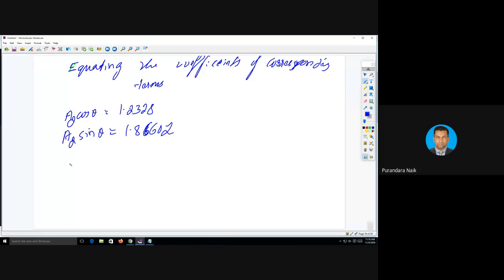Okay, squaring and adding equation numbers 3 and 4.